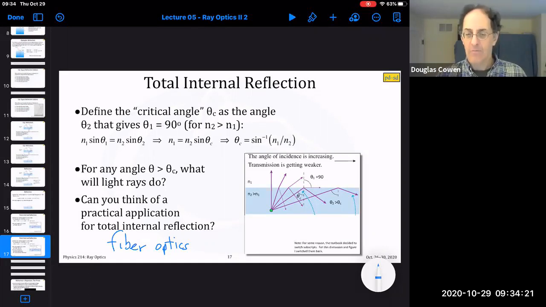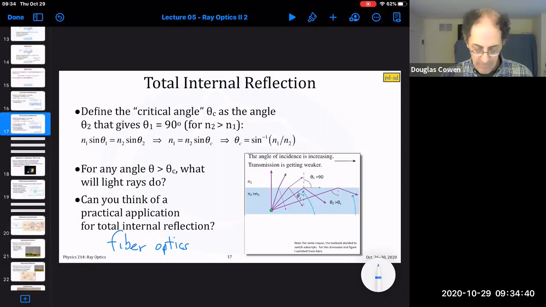Because you want as much of the light that you send in at one end of an optical fiber to emerge at the other end. And one way to ensure that you get most of that light is to have all of it total internal reflect and none of it escape the fiber optic cable itself. Good.